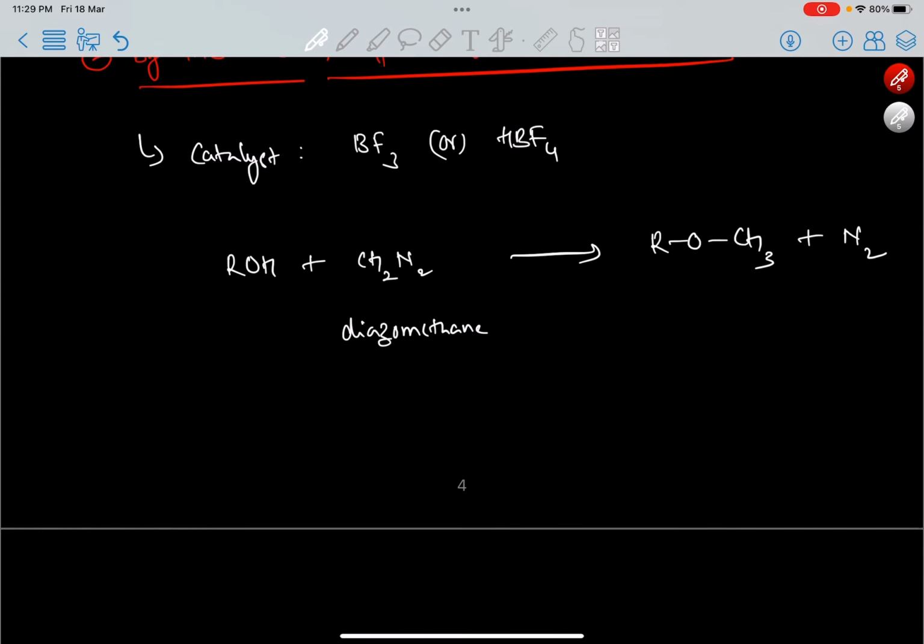Now let's talk about the third method to prepare ethers. What is that? Addition of alcohol to alkenes.